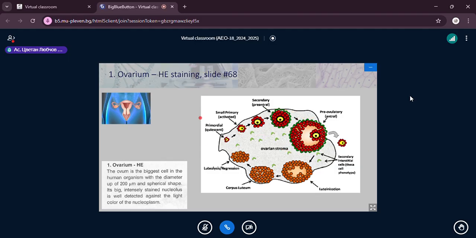So primordial follicles, guys, let's say some words about them. Primordial follicles are the ones which each female organism is born with. It's a limited amount. I think primordial follicles number between 100 and 300,000 in both ovaries.